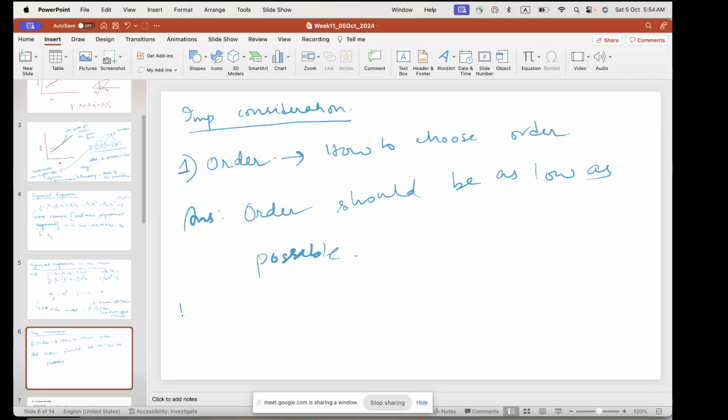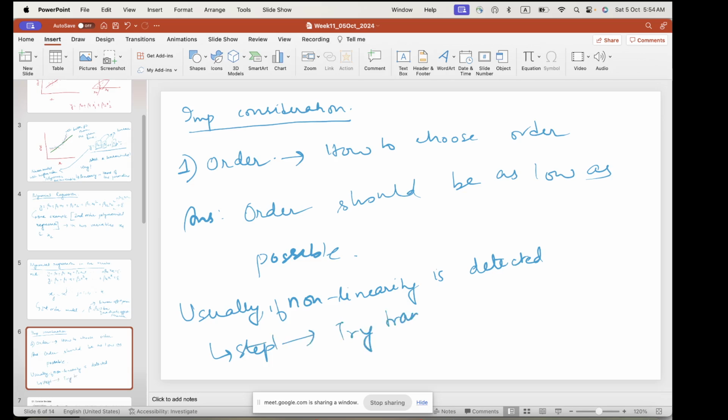So usually what happens is that if non-linearity is detected, step 1 will be to try some transformations to make it linear.